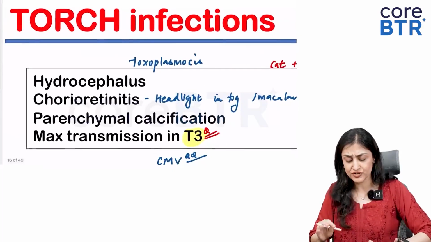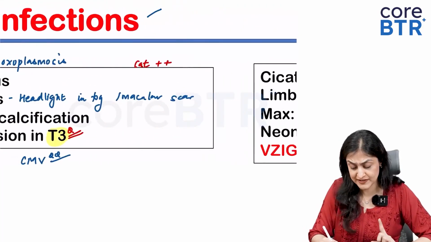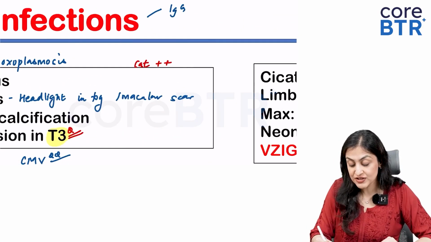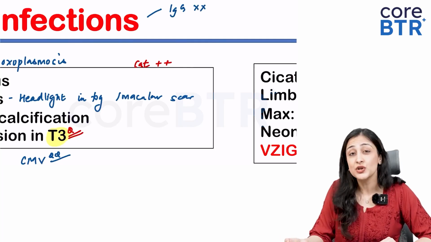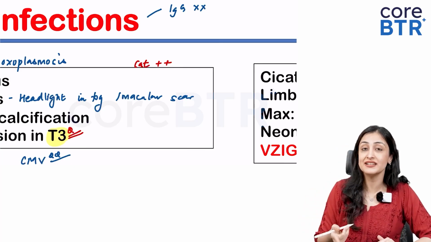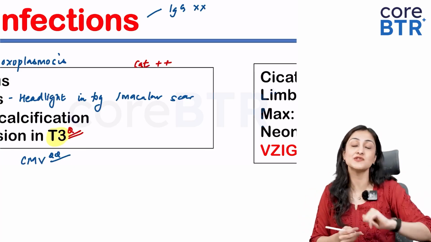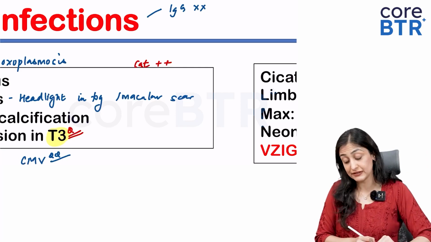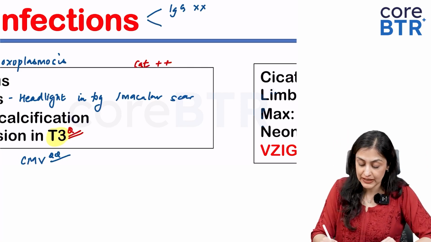For any torch infection, the general diagnostic principle is, tell me, can I check IgG of that organism? No, because IgG is transplacental transmission, right? So that itself indicates maternal transmission of immunity rather than infection. So never check IgG.